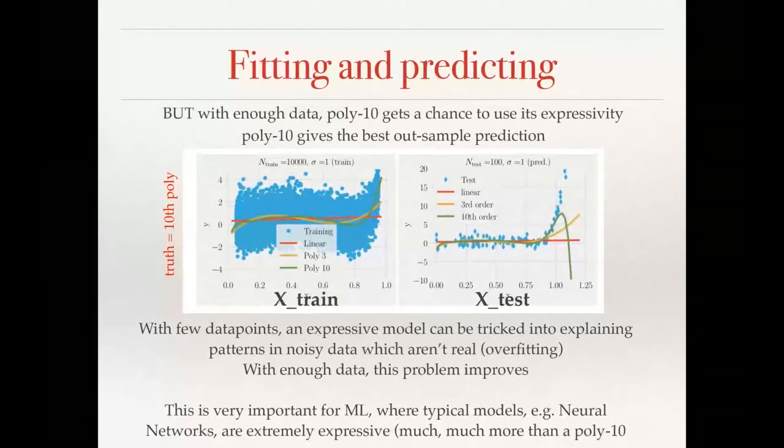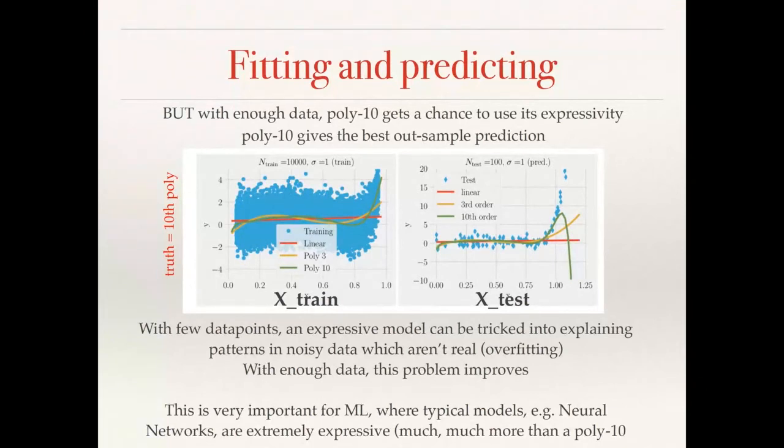so you fit the best you can this very, very messy data, there is a qualitative change in your ability to generalize the model. With 10,000 events, although it's now completely messy, it's still so many events that all these features that the 10th order polynomial is trying to explain start being real.